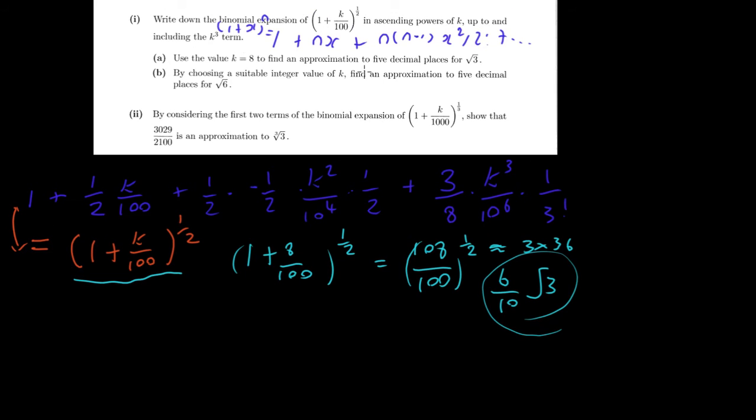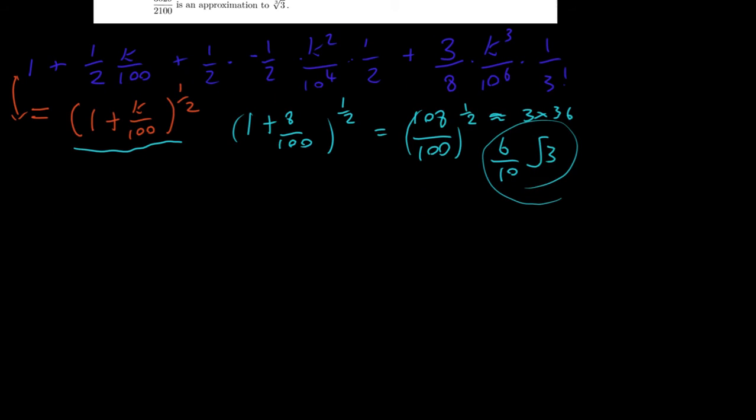Because we want to find decimal approximations, it makes the most sense to simplify this expression in a very particular way. That's k over 2 times 1 over 10 squared, minus k squared over 8 times 1 over 10 to the power of 4.